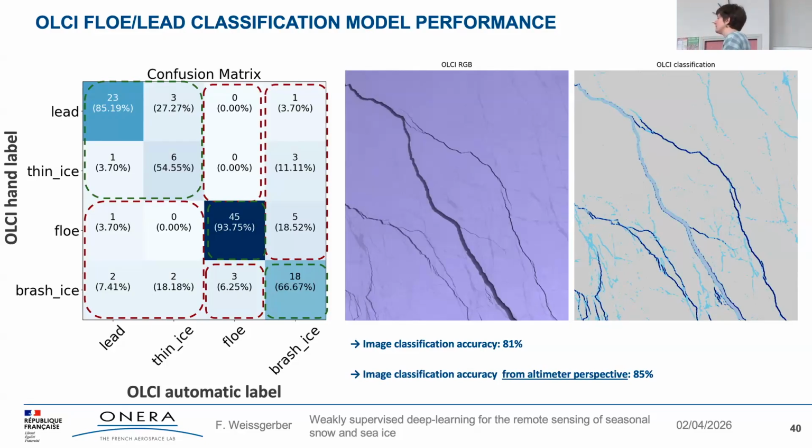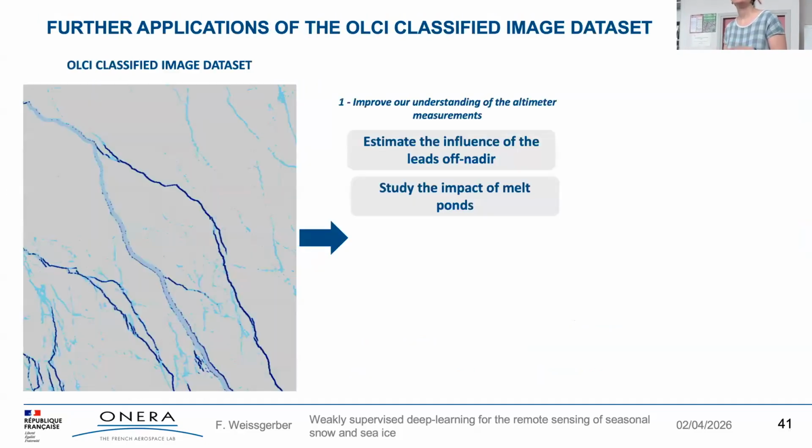So for now, it's okay for Laura to do a bit of statistics between the classes of the altimeter and the classes of the image, and try to build a better sense of what is happening in the altimeter. Our goal now is to try to estimate the influence of the off-nadir leads. Also, a point that I didn't mention is that in summer, the snow over the sea ice starts to melt and create what are called melt ponds.